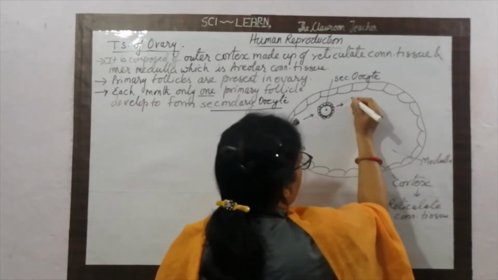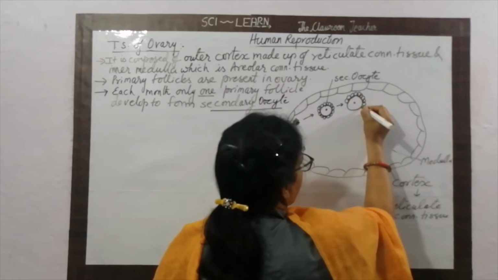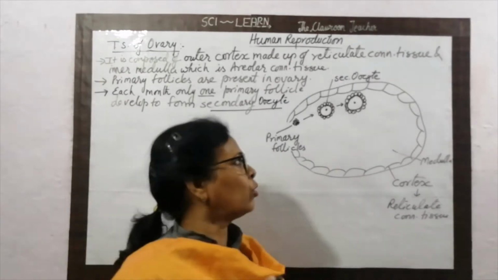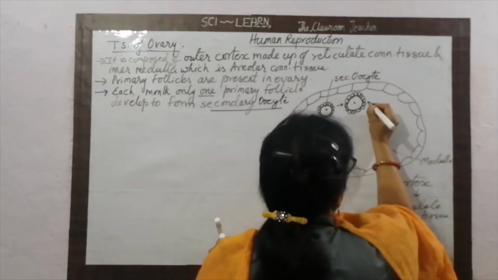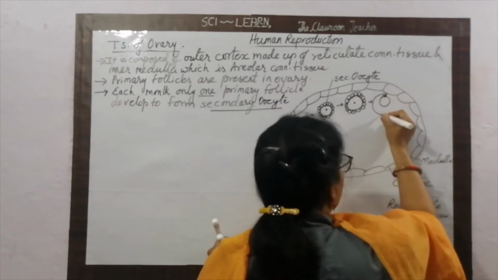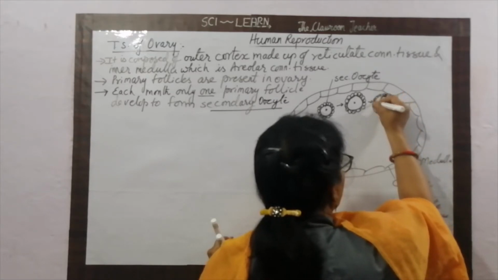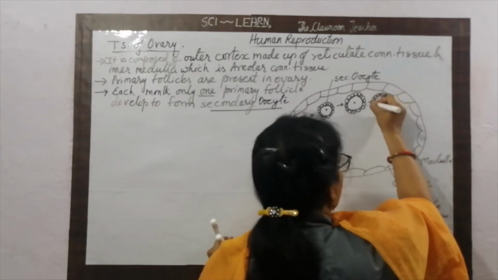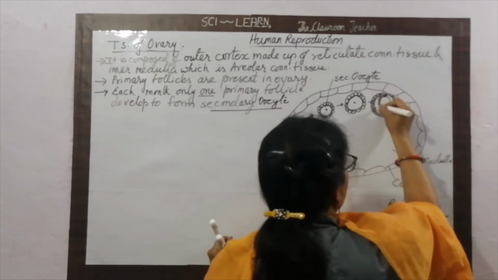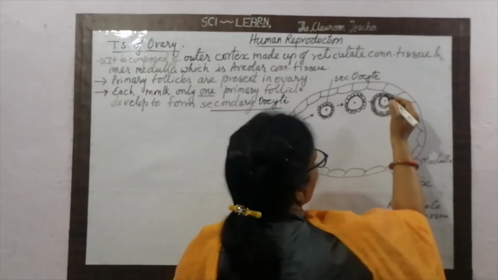Further, it develops more, enlarges its size, and gets converted into one structure that is called the Graafian follicle.